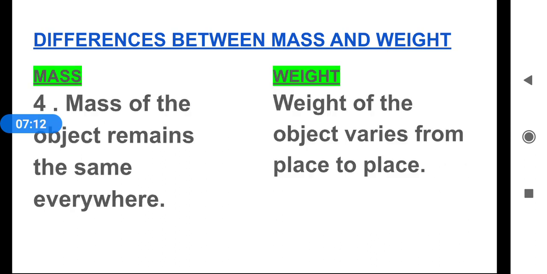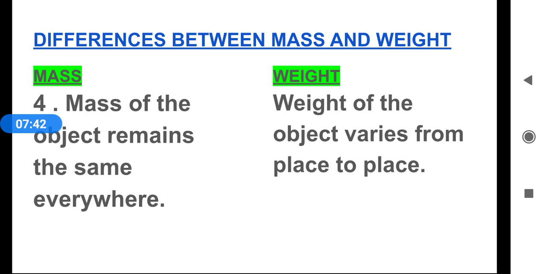Mass of the object remains the same everywhere. Weight of the object varies from place to place. For example, if the mass of a man is 70 kg, then his weight on the earth is 686 Newton and on the moon is 114 Newton.